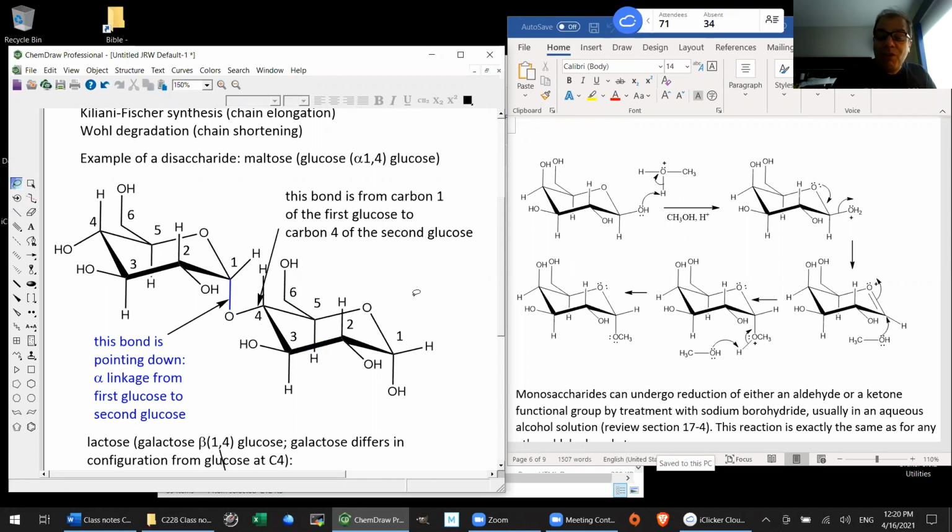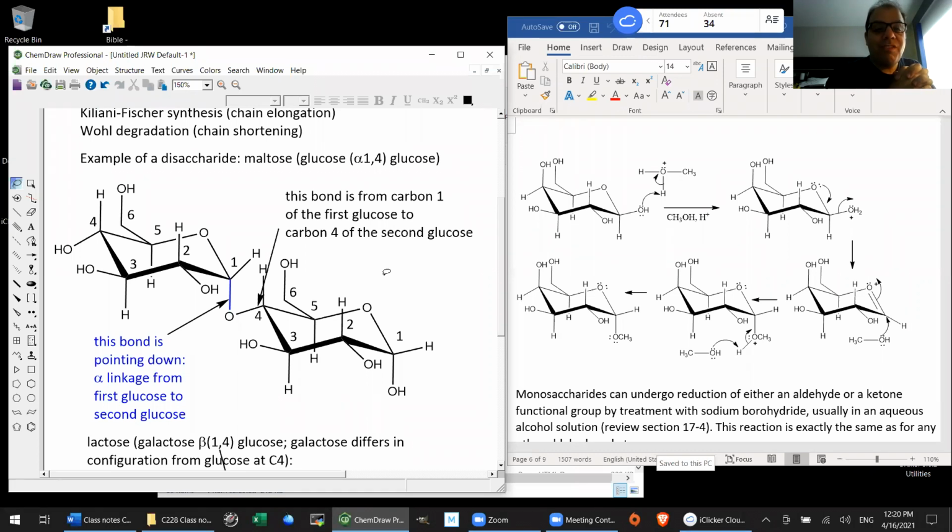So that's how you would draw maltose, which again is an example of a disaccharide. I again don't expect you to memorize the structures of any particular disaccharides. And were I to ask you to draw a disaccharide on the next exam, I would just as likely come up with one that doesn't even exist naturally, or if it did exist naturally, it would be a coincidence.